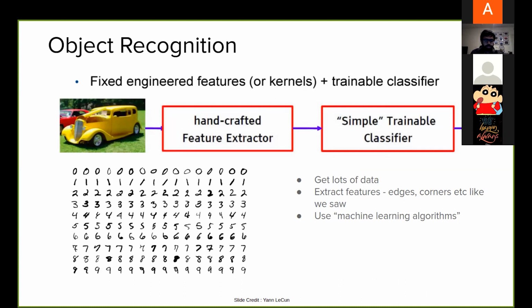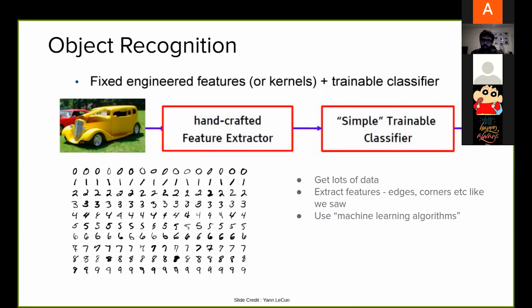This kid goes to kindergarten, and they are taught, this is what a zero looks like. You make this circle kind of a thing, and that's a zero. So the kid draws hundreds of zeros, sees lots of zeros multiple times, and then they learn that it's a zero. So similarly, scientists thought, why don't we teach computers in a similar way?